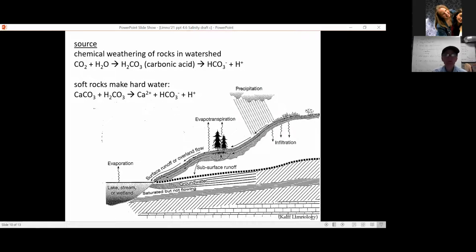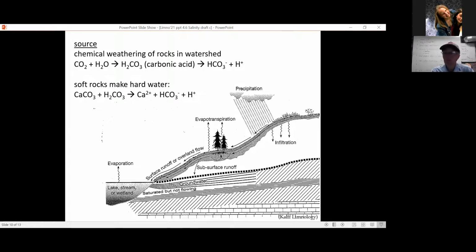All right, where does the salinity come from? Salinity is ions. Salinity ultimately comes from rocks. Now, chemical weathering of rocks in the watershed is the number one source of salinity for lakes.